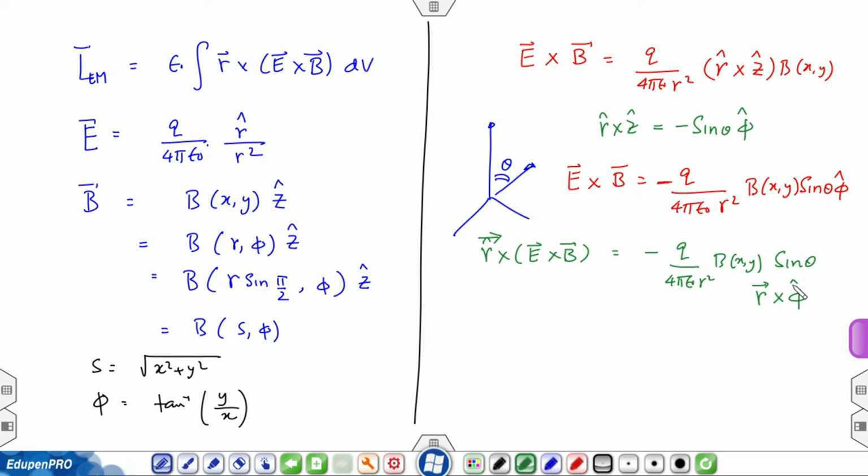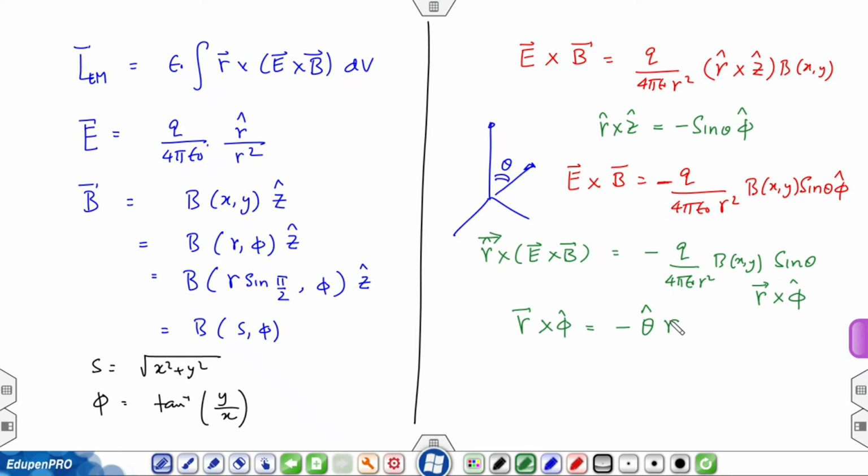R full vector cross phi is in the minus theta direction. So, it is going to be minus theta unit vector times r, because r and phi are perpendicular and r is the magnitude.